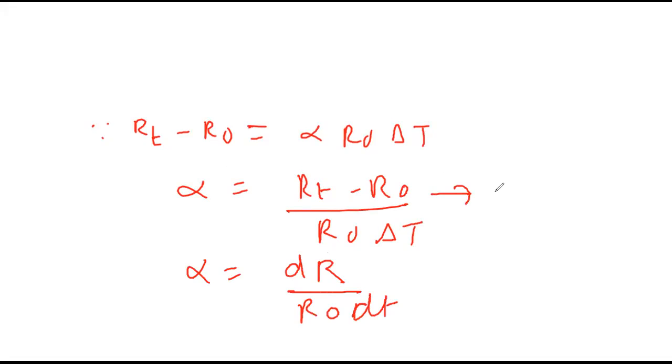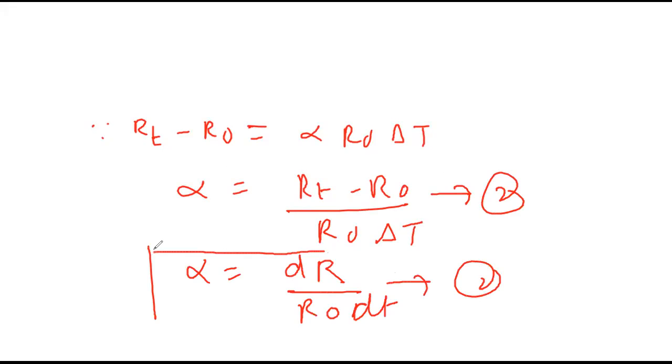Sometimes we use this formula to get alpha, sometimes this one, if R is a function of temperature. Write the alpha formula: RT minus R0 upon R0 delta T, or 1 upon R0 dR upon dT.